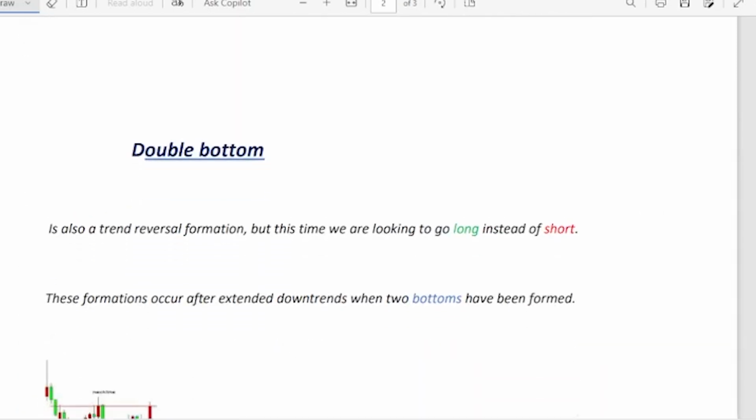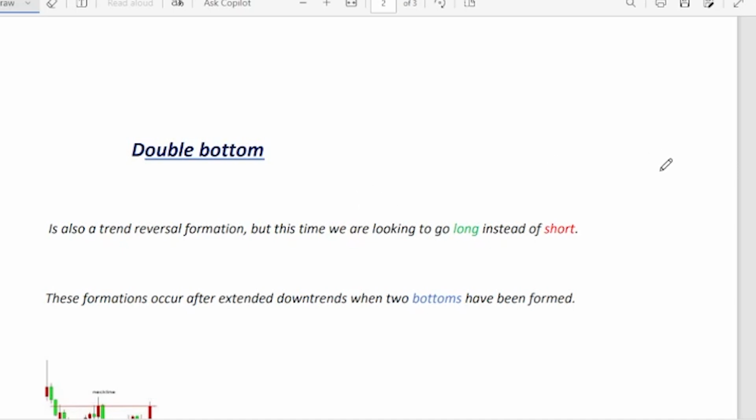So let's get now to the double bottom. Double bottoms, as we explained above, are also a reversal formation, but this time we are looking for a long instead of a short.